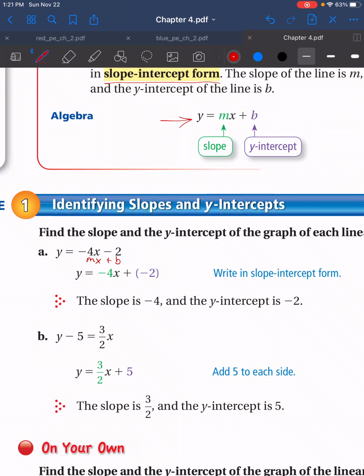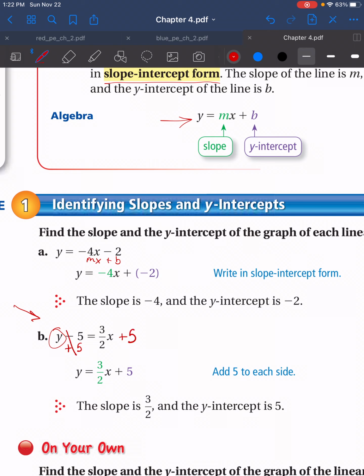Sometimes they give us an equation like this, y minus 5 equals 3 over 2x. It's not in slope-intercept form, and I have to make it slope-intercept form to be able to solve it. Now to do that, I need to get y all by itself. What is happening to y? It's being subtracted by 5. So to get y by itself, the easiest thing to do would be to add 5 to both sides.